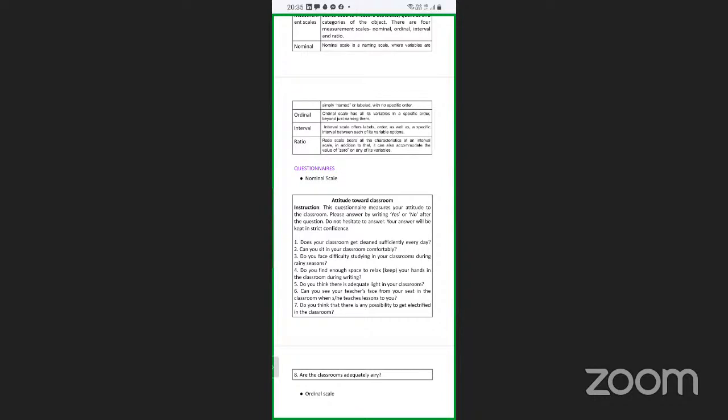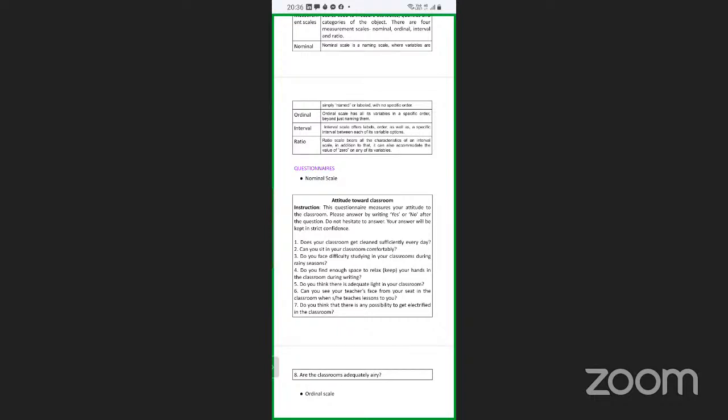Therefore, you cannot use the interval scale or ratio scale for the children of primary education. Then what will be your solution?